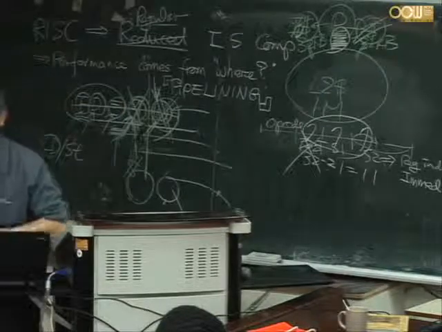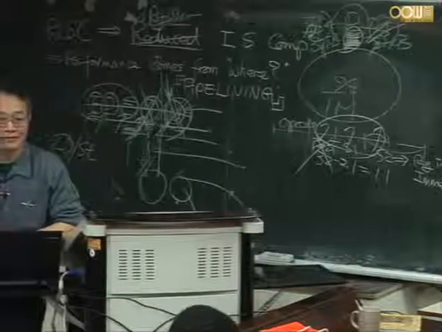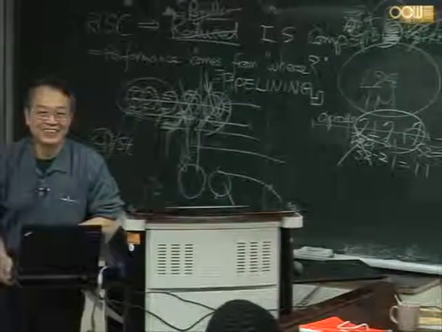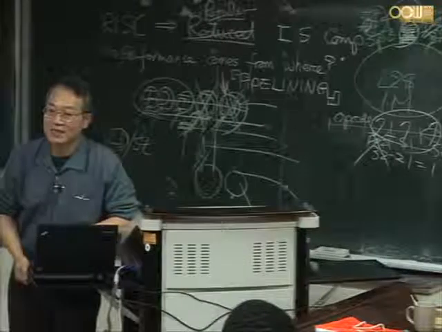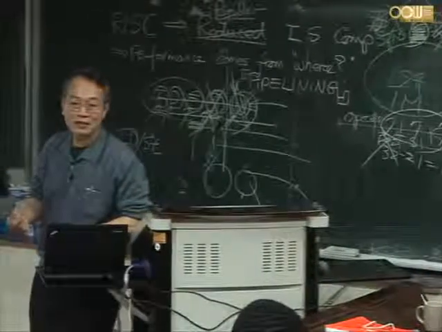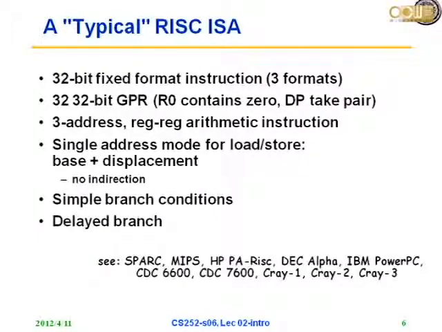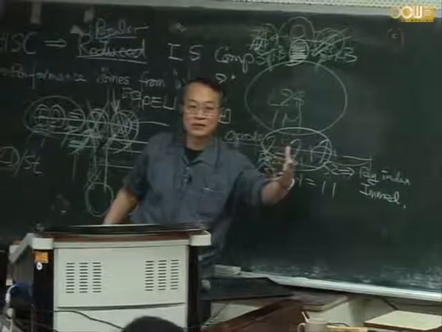Maybe that can make my circuit design easier. There are always dirty tricks to play. If that can save you some design burden, can make your performance even higher, I like that. So designers say, I need a hardwired register which contains 0 all the time, such that whenever I need a 0, I don't need to access so many bits from the instruction and route them to the ALU.